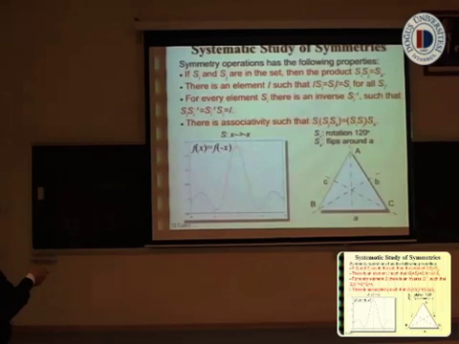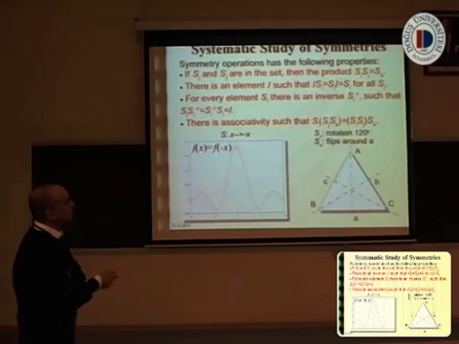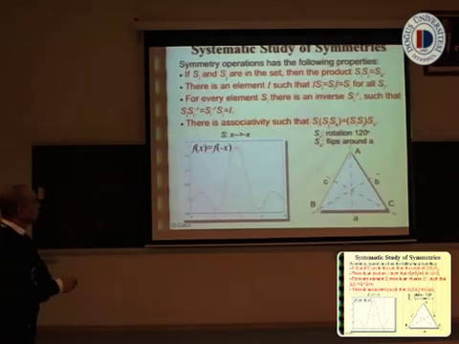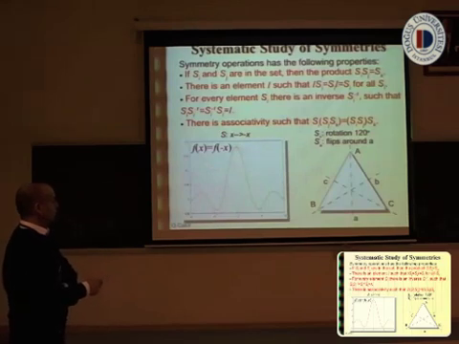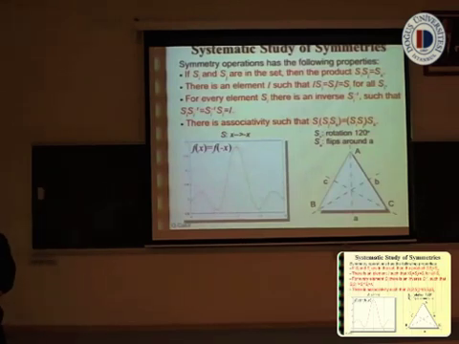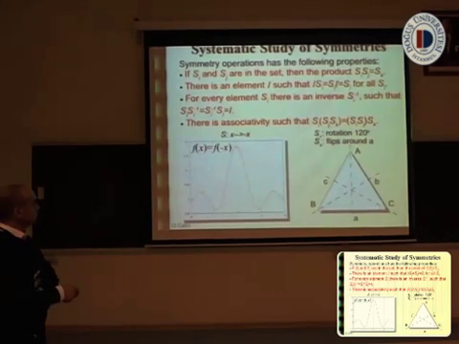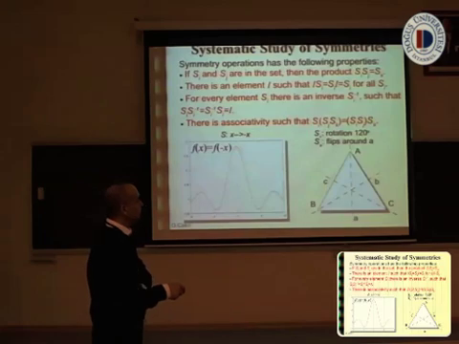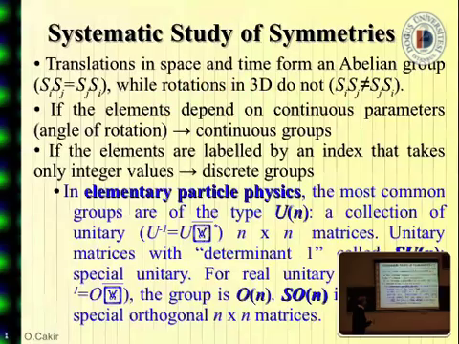There is also the identity here, and the inverse stated in this one. Associativity here: if we change the order of the operation, it remains the same. For the function, if we replace x by minus x, then this function will remain the same. Here you see the symmetry of the triangle.